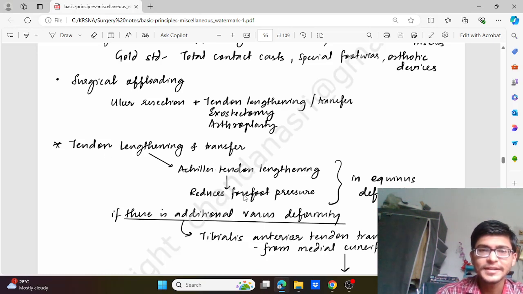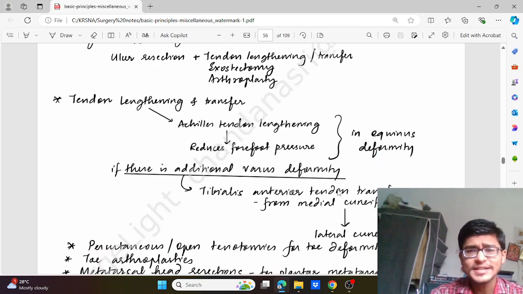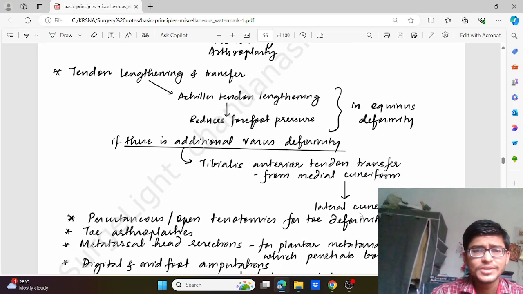Achilles tendon lengthening reduces forefoot pressure and is used for equinus deformity. If there is additional varus deformity, we go for tibialis anterior tendon transfer from the medial to the lateral cuneiform or cuboid.